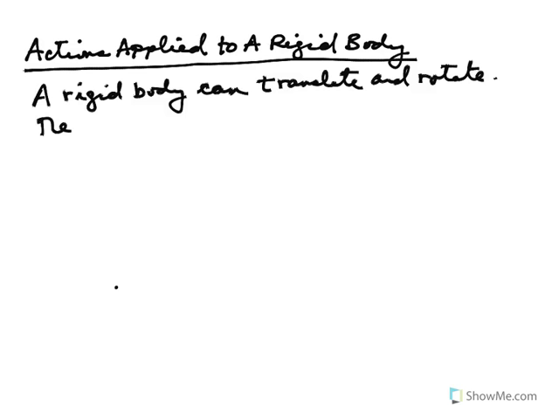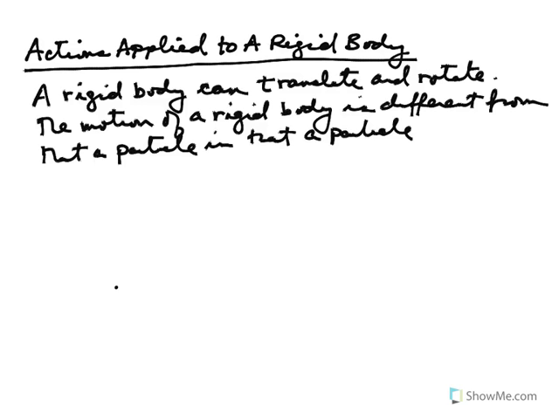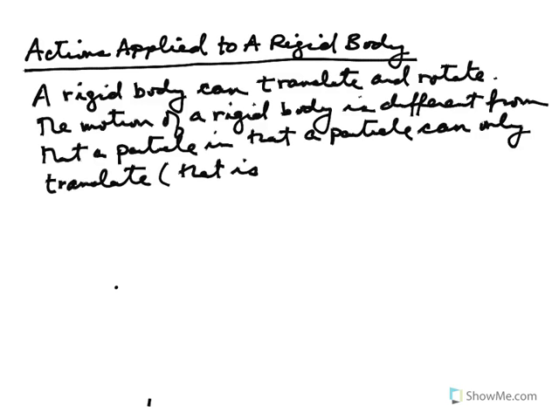The motion of a rigid body is different from that of a particle in that a particle can only translate. So that is, a particle cannot rotate.